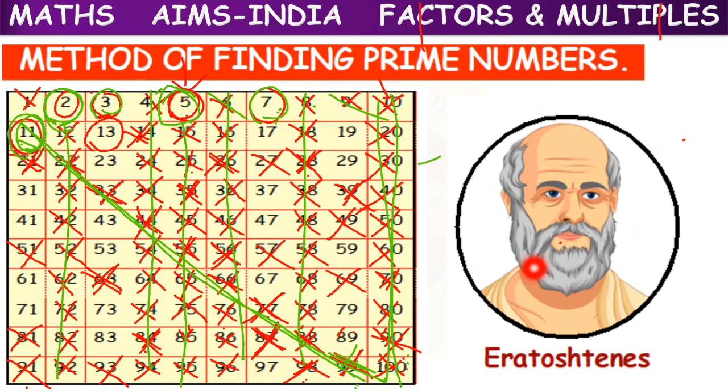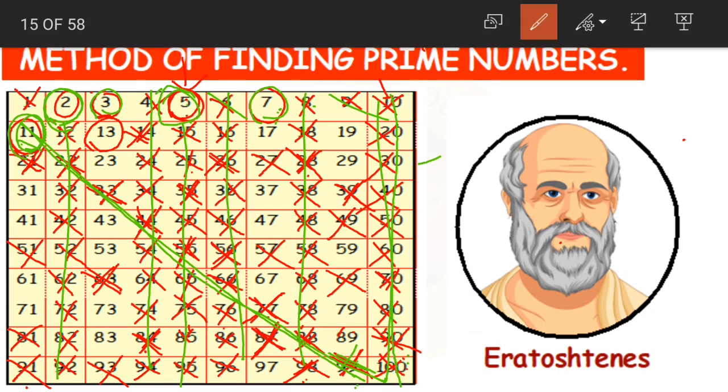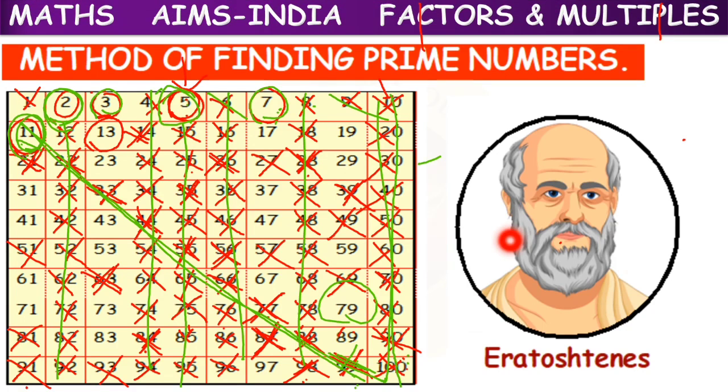Now you might be asked in the exam to write the prime numbers from 1 till 100. Or you might be given a number, say 79, and you will be asked whether it is a prime number or not.